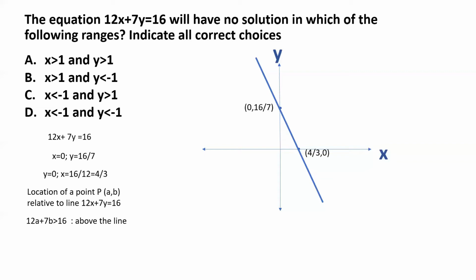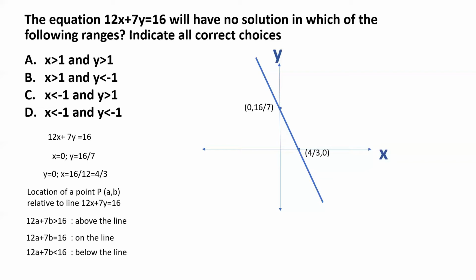We find 12a plus 7b. If it's greater than 16, the point P lies above the line. If it's equal to 16, it lies right on the line. If it's less than 16, the point is below the line.